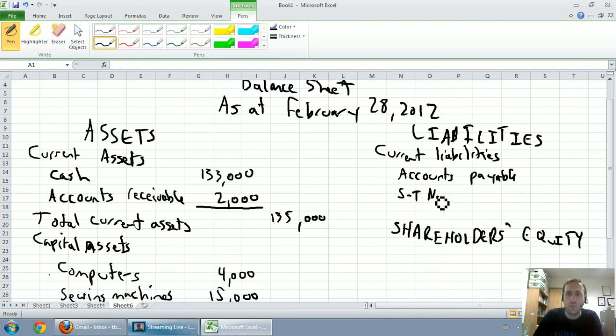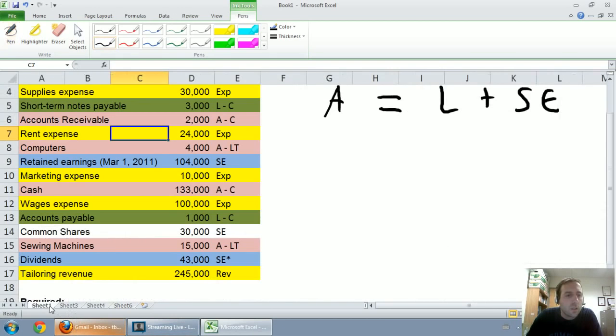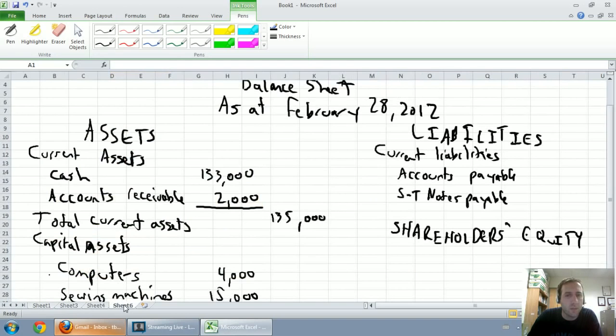You probably shouldn't be abbreviating, but I'm just worried about space. So accounts payable were 1,000, short-term notes payable were 3. So we've got accounts payable of 1,000, short-term notes payable of 3, for a total there of 4. I'm squeezing quite tight here.